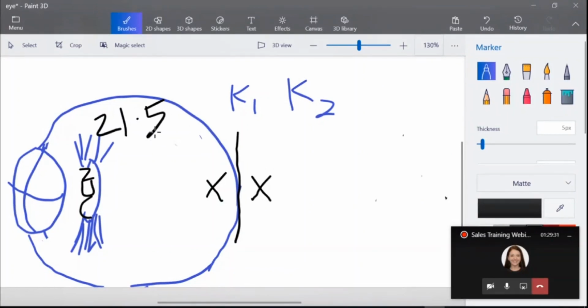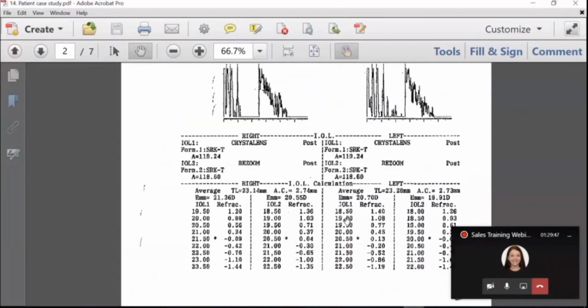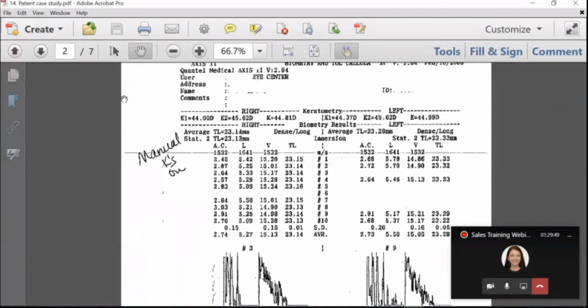Like we said earlier on, you can use the spherical equivalent effectively to correct the vision provided the astigmatism is not more than 0.75 diopters. If you look at this case here, the astigmatism is quite significant. The difference here is 1.62 diopters of corneal astigmatism. That's actually quite significant, right?